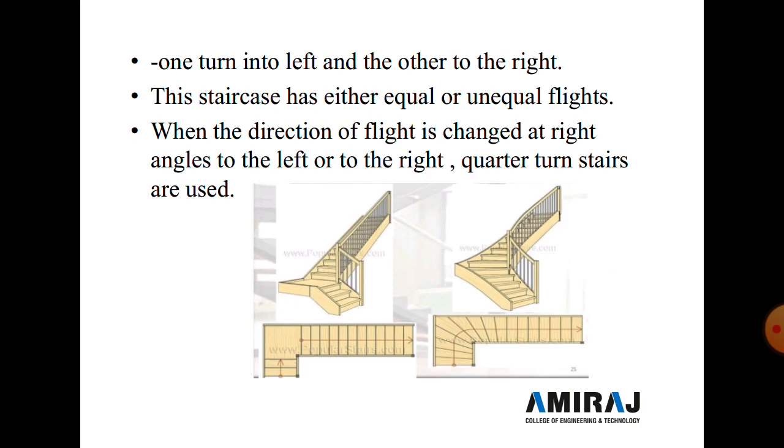In a bifurcated stair, one turns to the left and the other turns to the right side, and this staircase has either equal or unequal flights, and when the direction of the flight is changed at a right angle to the left or right, quarter turn stairs are used.